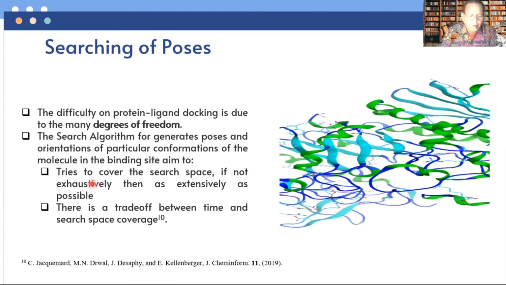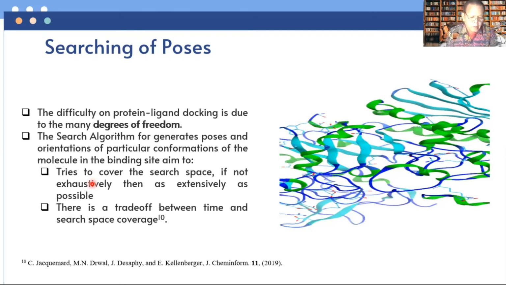The difficulty of searching for a pose is due to the many degrees of freedom. These include, first, the translation and rotation of one molecule relative to another, involving six degrees of freedom. There are, in addition, the conformational degrees of freedom of both the ligand and protein. Also, another factor involved in searching for a pose is the search algorithm.